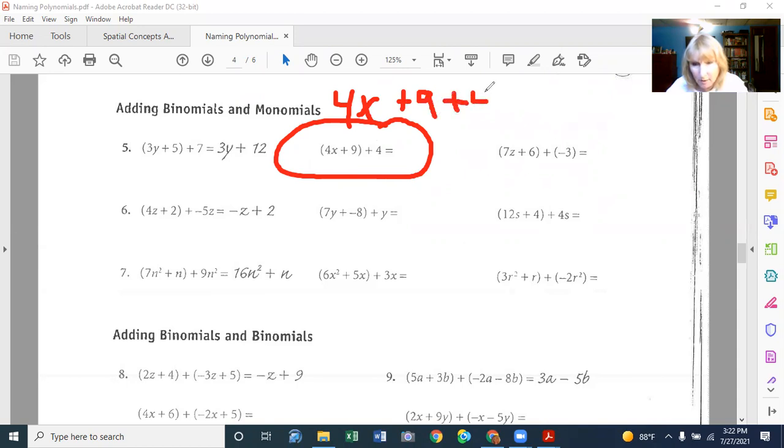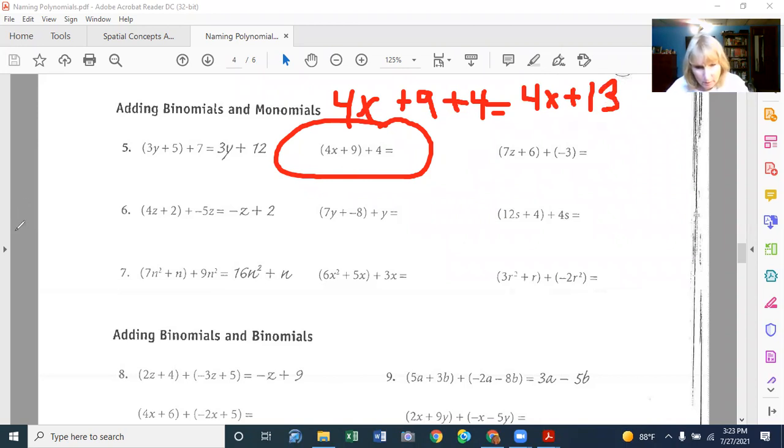So you add the two things that don't have the letter together. 9 plus 4 is 13. So the answer then would be 4x plus 13. You cannot add 4x to 13 because you don't have an x after the 13. So the answer here is going to just be 4x plus 13.